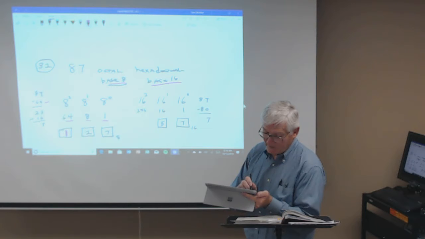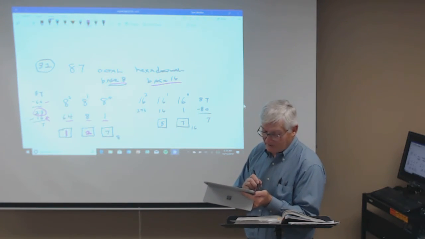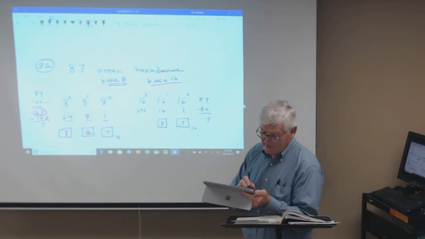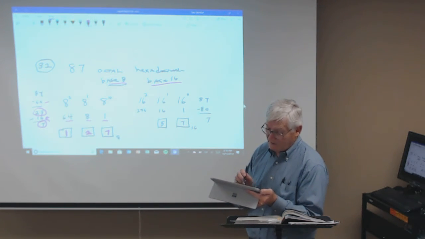Subtract that, and I'm left with 23. How many 8s in 23? 2. And subtract 16, 2 times 8. And I'm left with 7. So I just put 7 in here. 7 ones. 1, 2, 7 in the base 8.